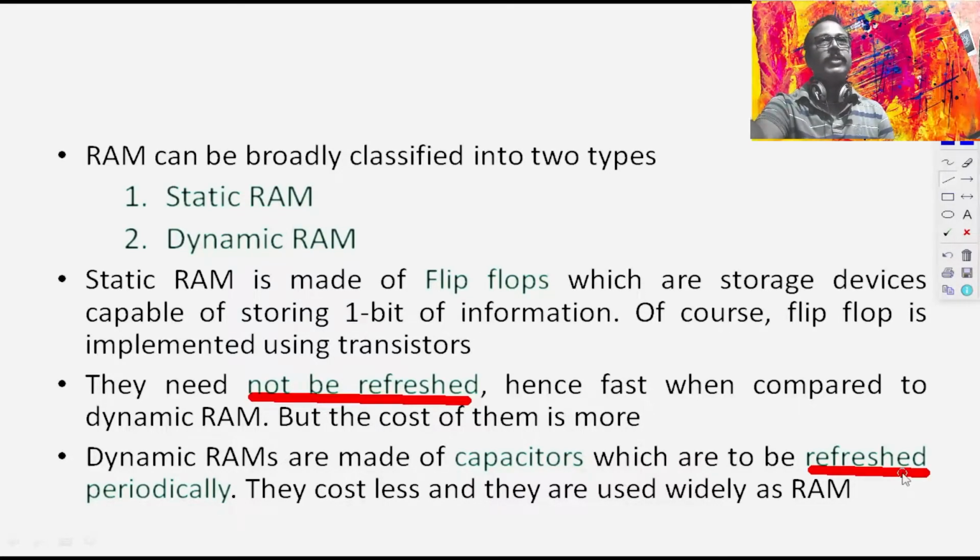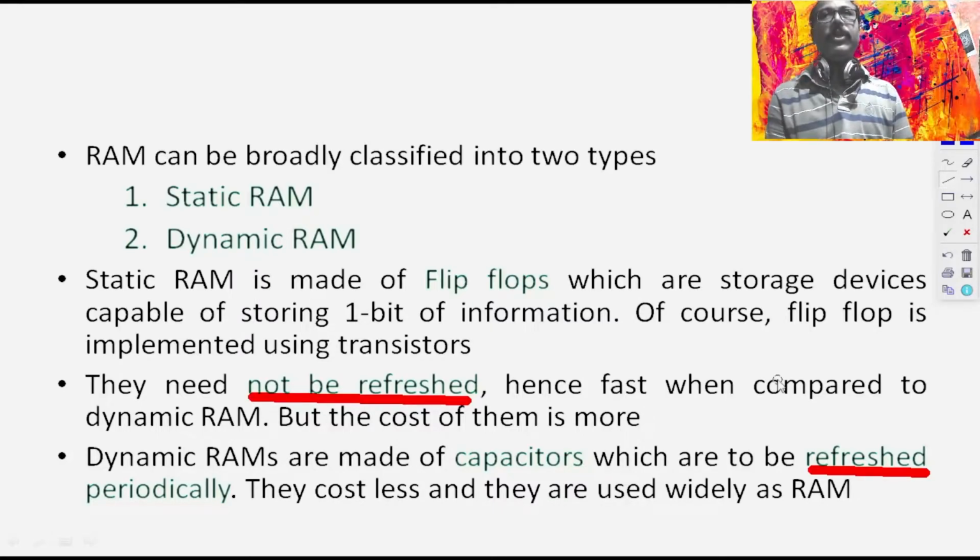We are not getting into the details of why flip-flops, why capacitors. That is not necessary for you. As a user, you need not bother about whether flip-flops or capacitors are used.